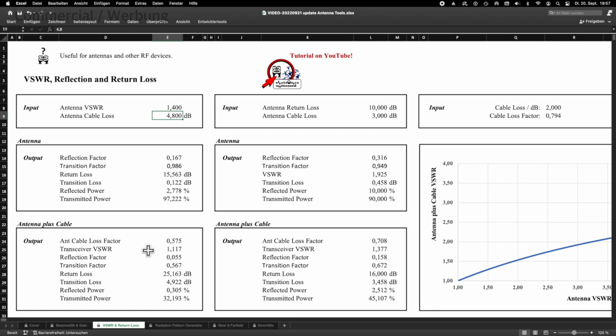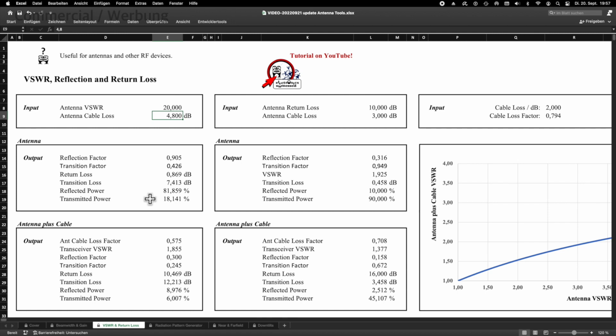Okay, now I want to show what happens when the antenna just rusts away or is getting damaged. We use the value 20 as the VSWR, which corresponds to an antenna that is almost non-existent. Of course, correspondingly little power is now transmitted.